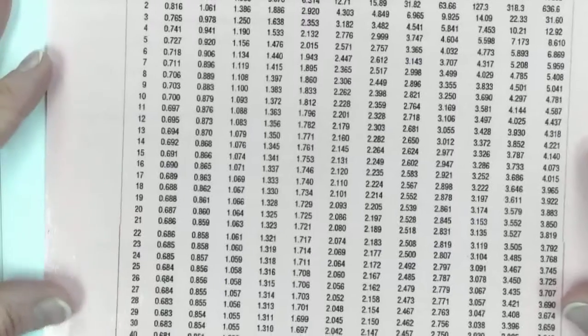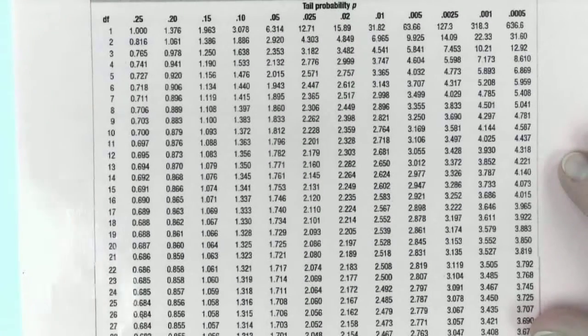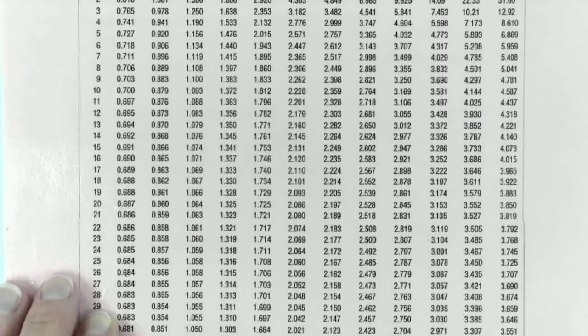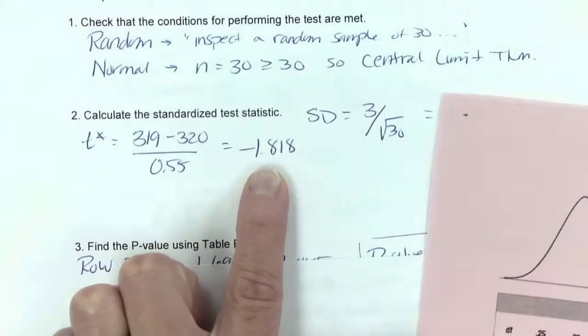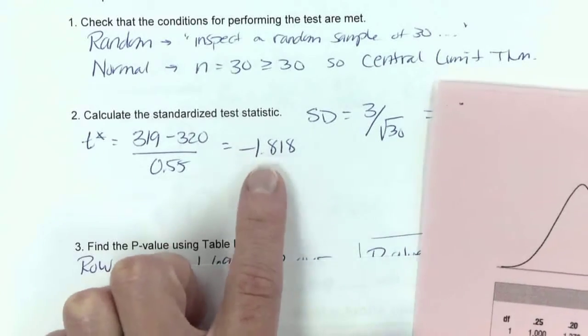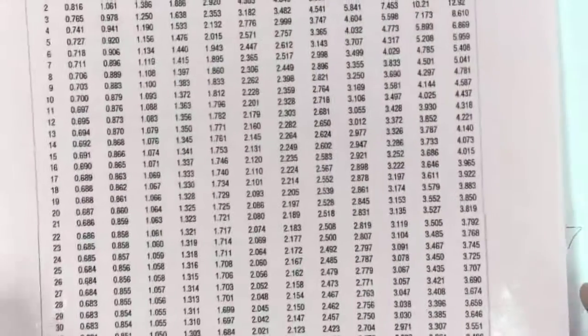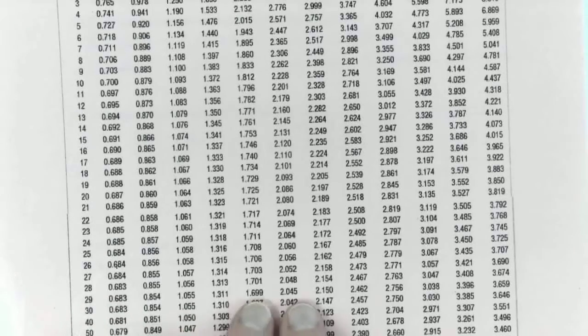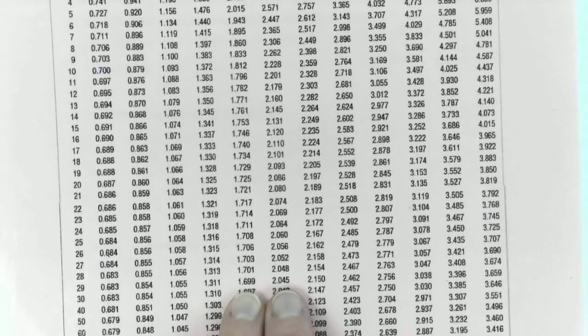So here we are, and 29, right there it is. So my test stat, we said was negative 1.818. Well, we're not going to see anything negative. We'll just go to positive 1.818. Well, let's see here. There's 1.699.